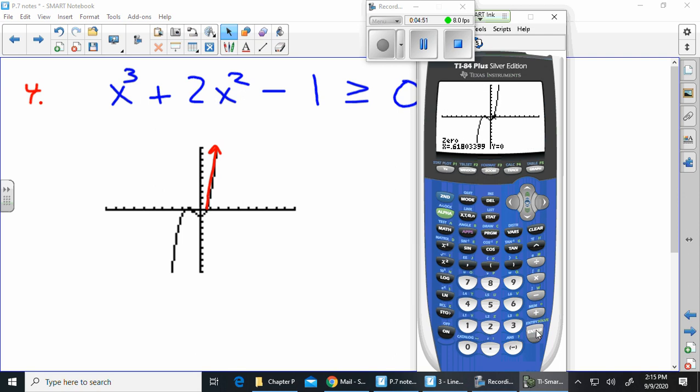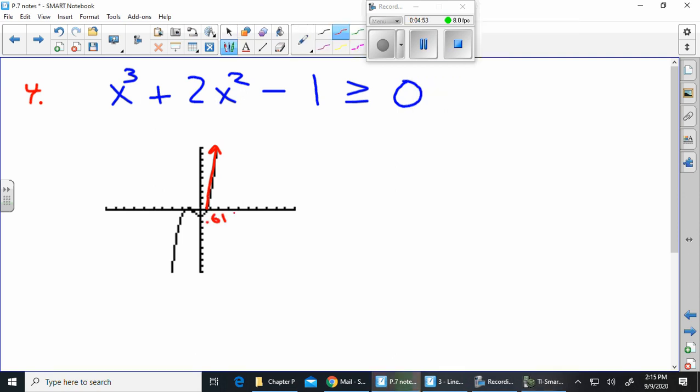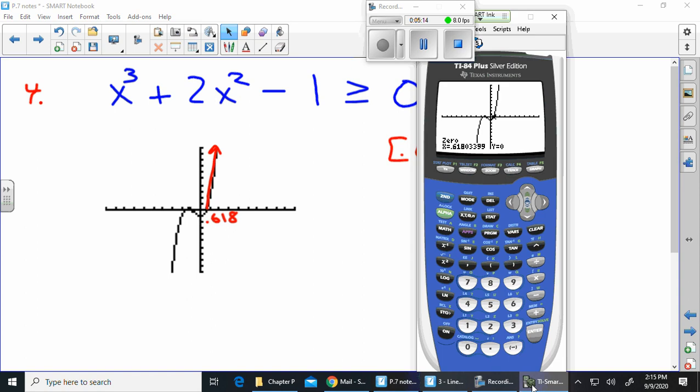That 0 is 0.618. So I know it's got the equal sign, bracket, smaller always before the larger. Anything from 0.618 to infinity, it's above. But I don't really know what's happening by -1.